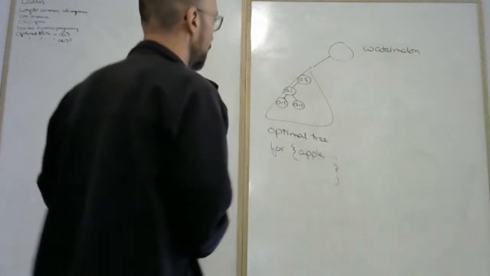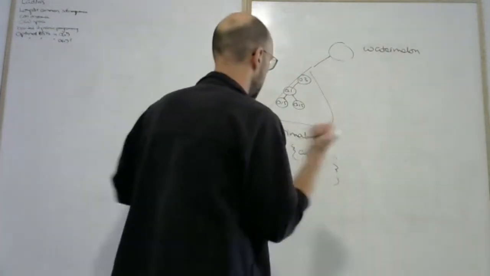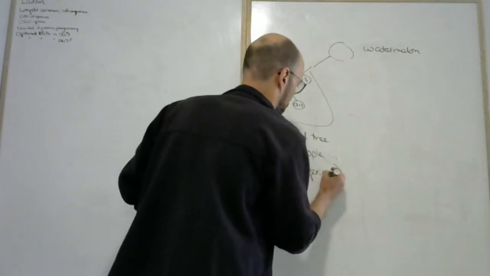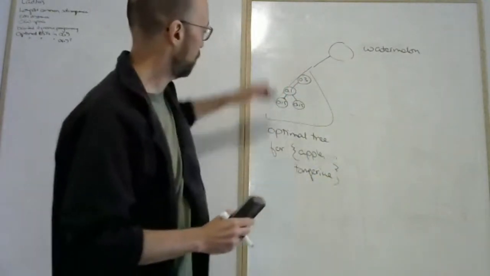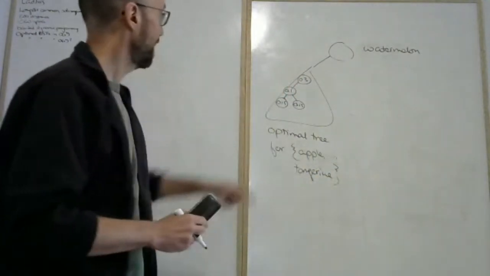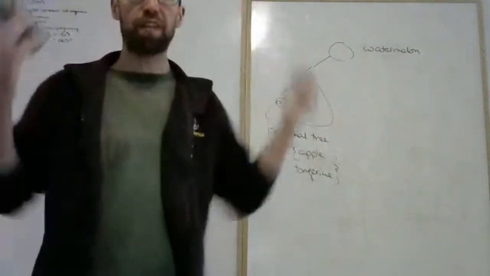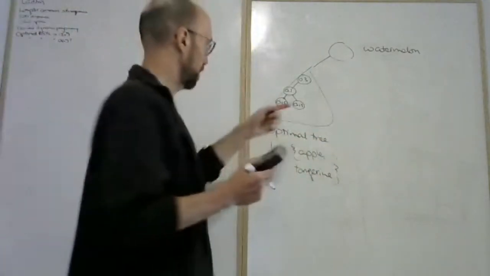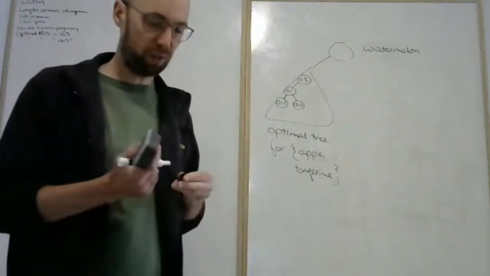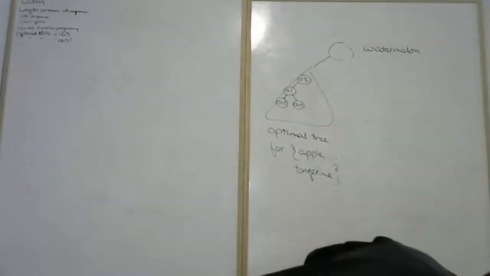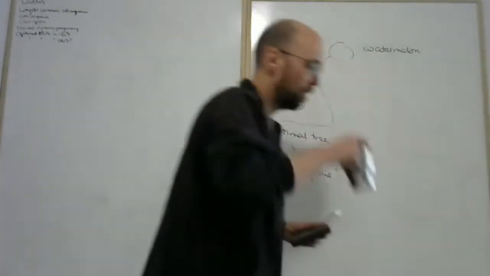But now, to figure out the minimum cost of this tree from apple to tangerine, this is of size n minus 1, but you don't have the professor. He isn't answering questions about sets of n minus 1 because he hasn't had enough tea. He's thirsty.